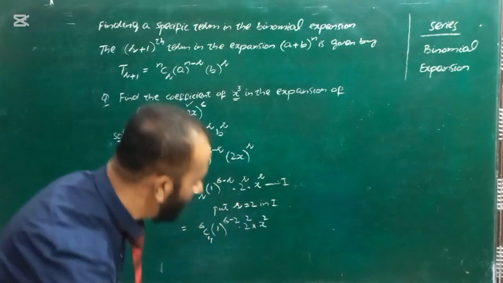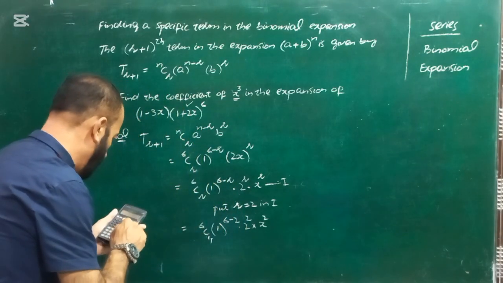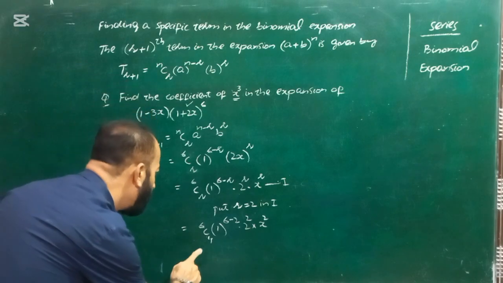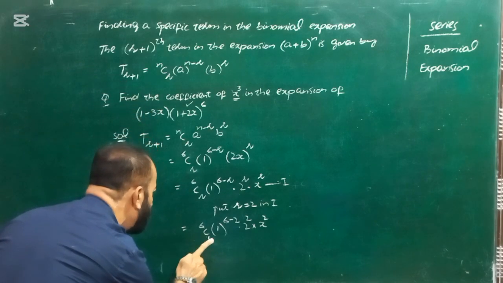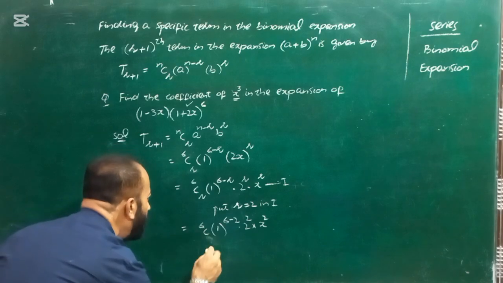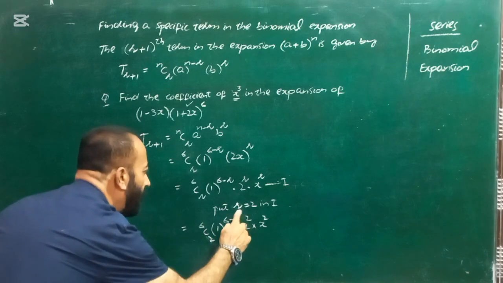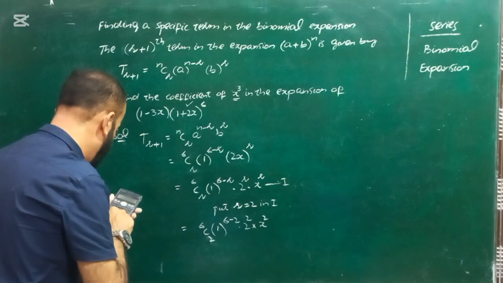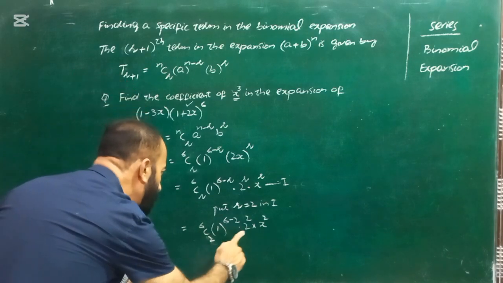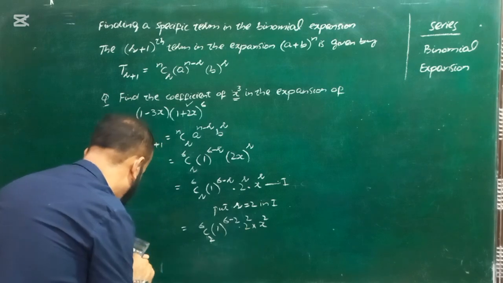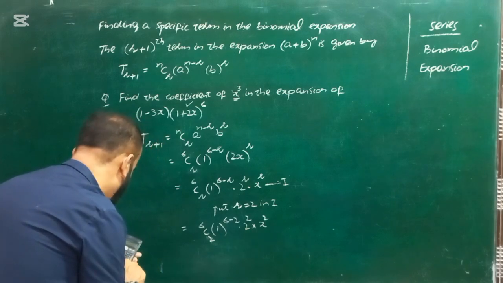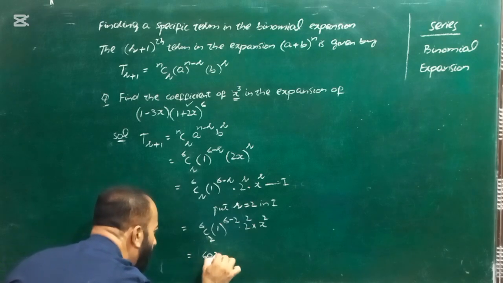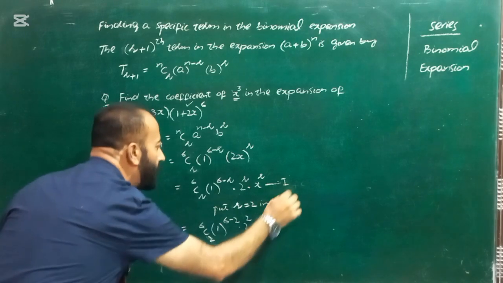So solving it on the calculator, 6c2, because we are putting 2. 6c2 into 4. So that is 60x square. So one term is done.